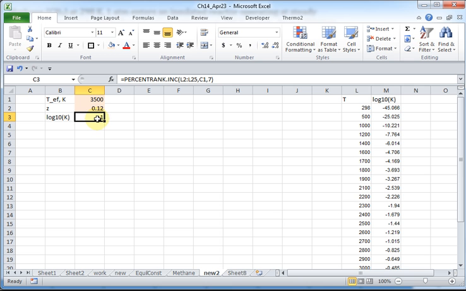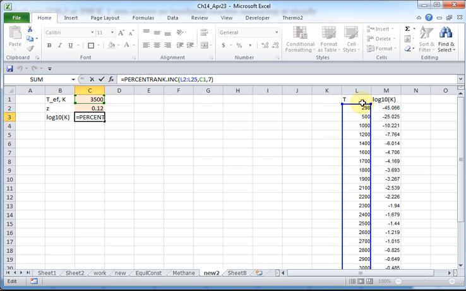The next thing is I want to take that value and get this one. Okay? Because these aren't in equal increments, are they? 298 to 500 is not an equal increment. It's not equal size steps.